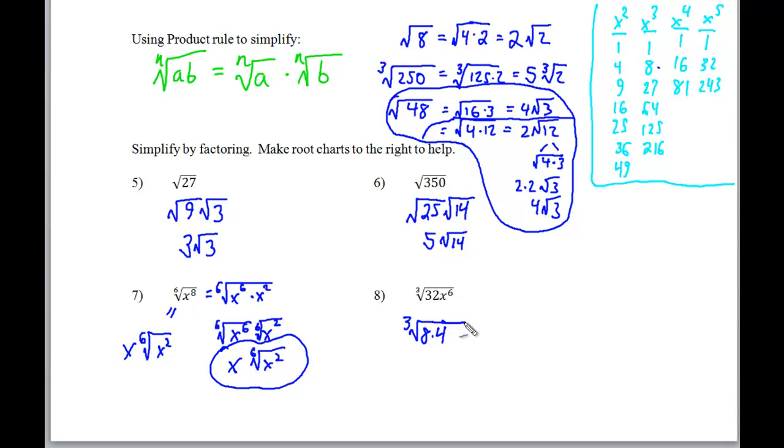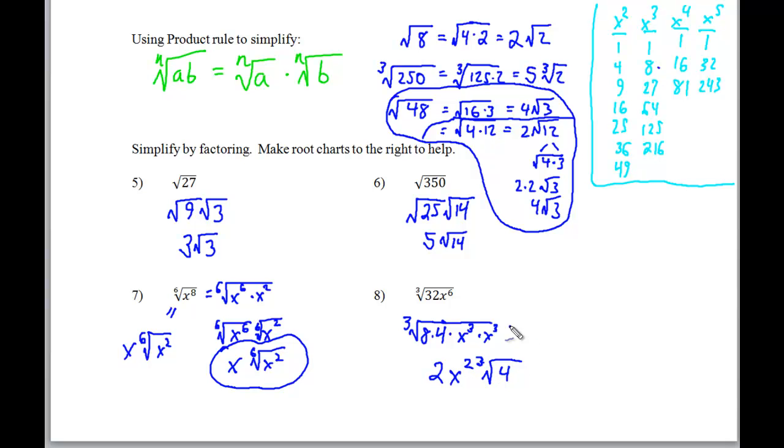And now I can take a look at my x to the 6th, so I'm going to write x cubed twice, because if I have x cubed and x cubed, that gives me 3 matches here, so that's going to be x squared. The cubic root of 8 is 2, and that leaves me with the 4 on the inside and the cubic root on the outside. So you've got to be careful when you write, so this doesn't look like 2x to the 23rd power. This is 2x squared and the cubic root of 4.